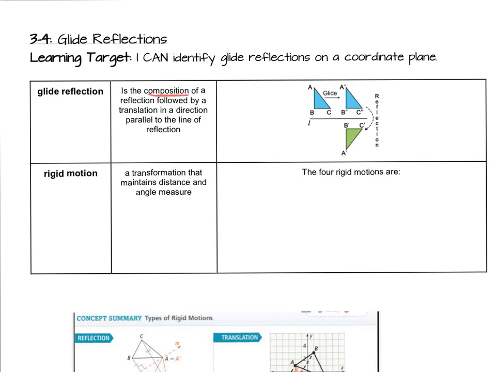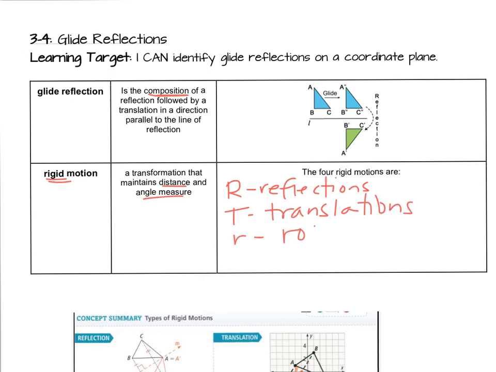A glide reflection, just like the other transformations, is again a type of rigid motion, where everything maintains the same length and angle measure. The 4 rigid motions that we've talked about in this chapter are reflections, translations, rotations, and glide reflections.